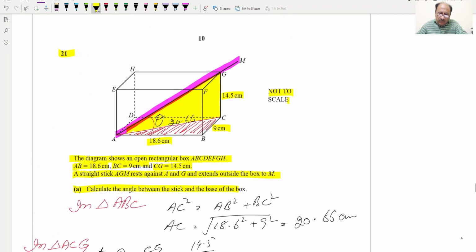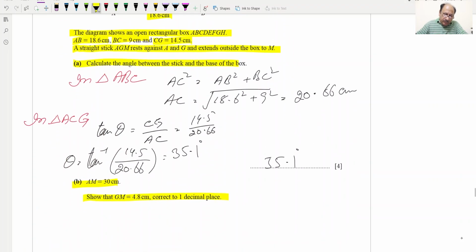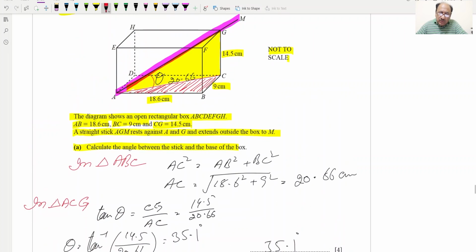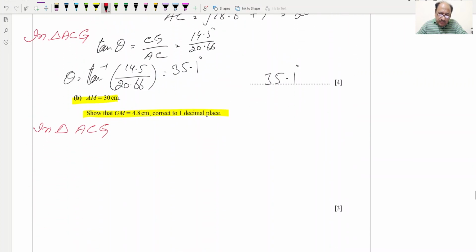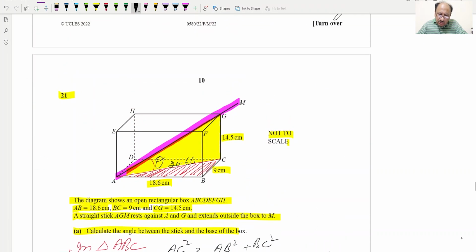So we first find AG in the same triangle ACG. We will apply Pythagoras theorem: AG squared will be equal to AC squared plus CG squared.